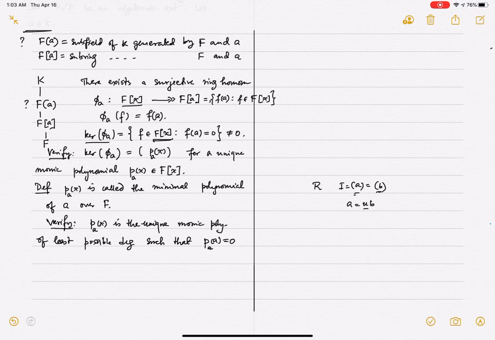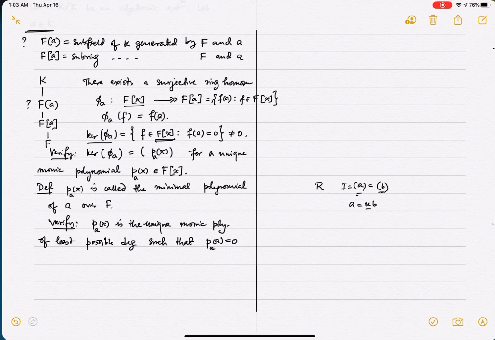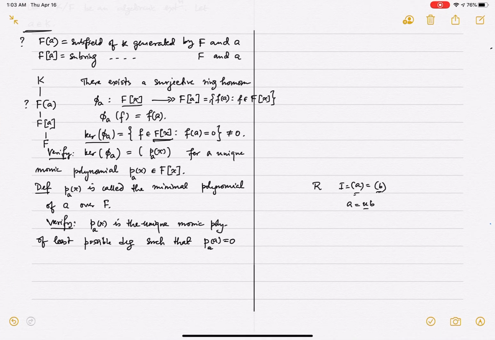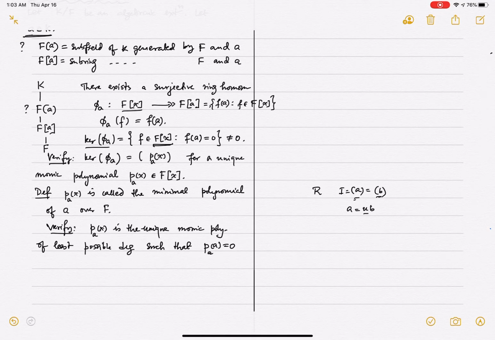So to give an example before going on, just a little pause.